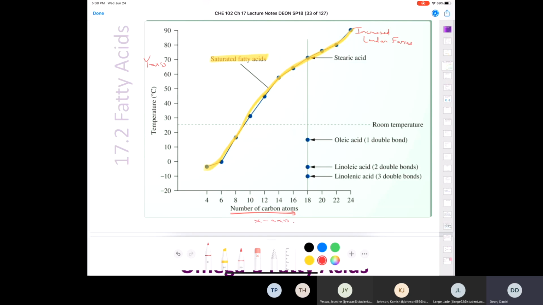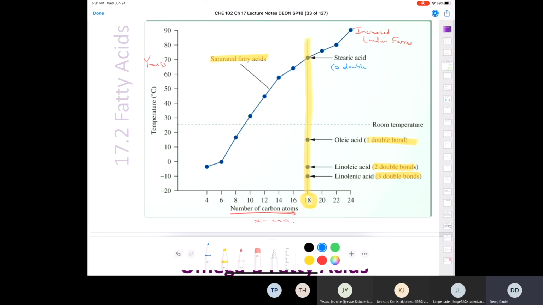Now I want to focus on another line, so I'm just going to delete this one for now. I want you to focus on this vertical line, because every single one of these molecules on this line has 18 carbons. But as we increase the number of double bonds, the melting point drops. We could even write in brackets, 0 double bonds.